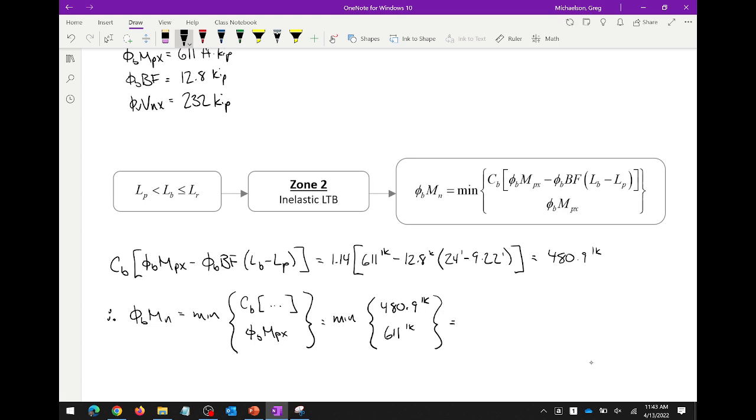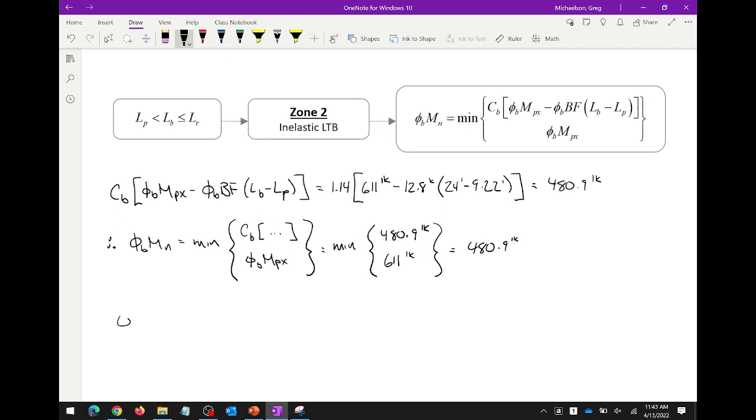And so phi Mn is 480.9 foot kips. So to summarize, phi Mn is 480.9 foot kips, and Mu was what? I think Mu was 440.64. What does that mean? It works. We have more capacity than we do applied moment.